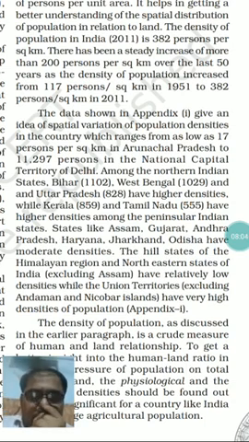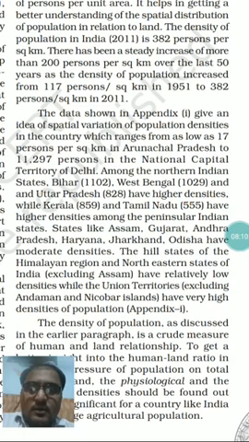Besides that, different bigger states, if we just look beyond the UTs, amongst the bigger states, Bihar has the highest population density among all the states of India, at 1102 per square kilometer.